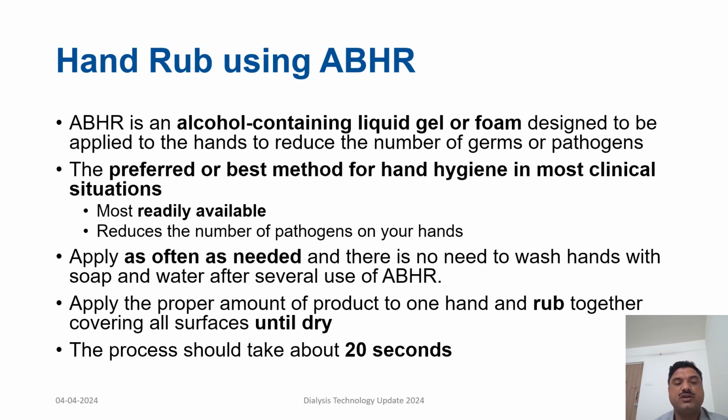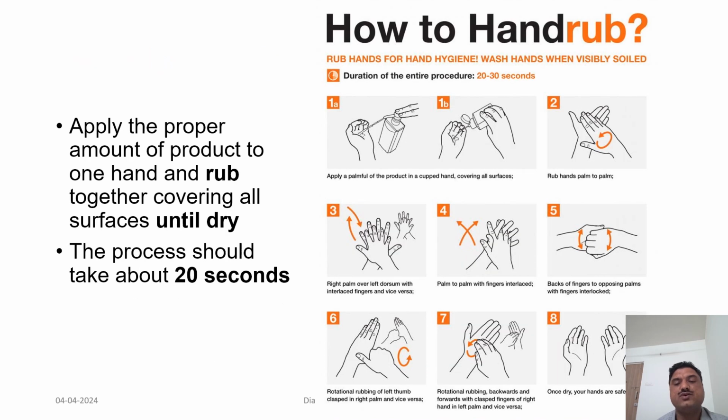One has to apply a proper amount of product on one hand and rub the product between the two surfaces until it dries, and the process usually takes around 20 seconds. As depicted in the figure, one must take a palmful of product into the cupped hand, and it should cover all the surfaces. Then rub the palm of one hand onto the other.